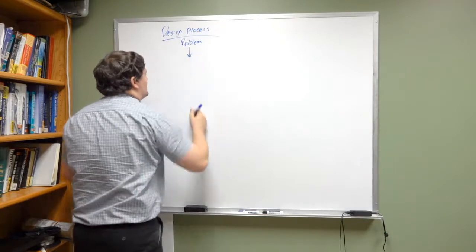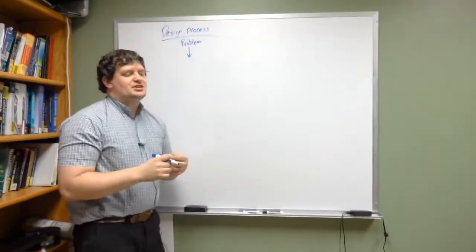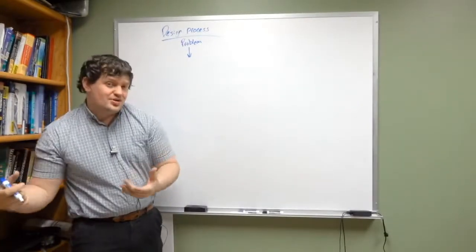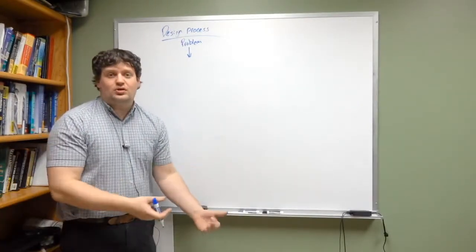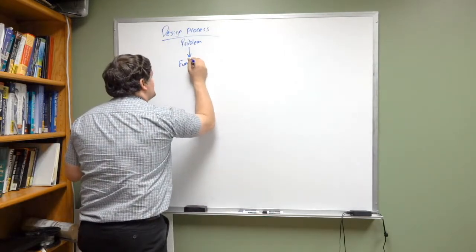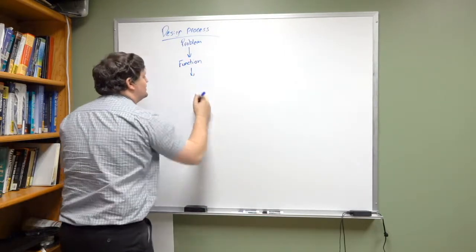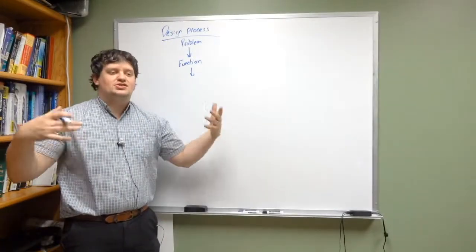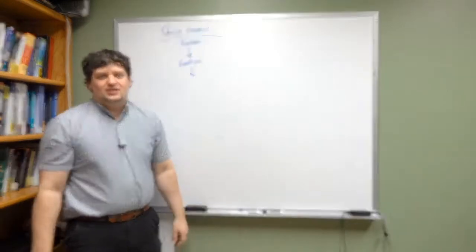Once you understand the problem, you have to understand all the tasks that need to be done that are either not being done or being done very poorly. That's where you recognize function. Function is what needs to be done. What is it that actually has to be done?